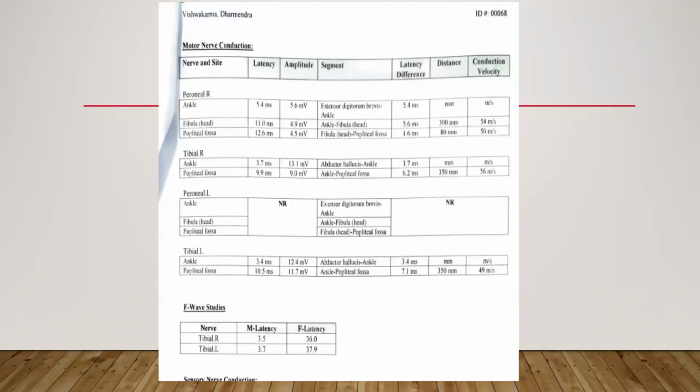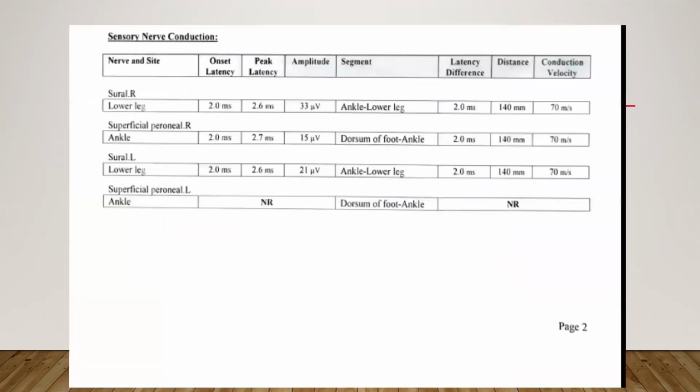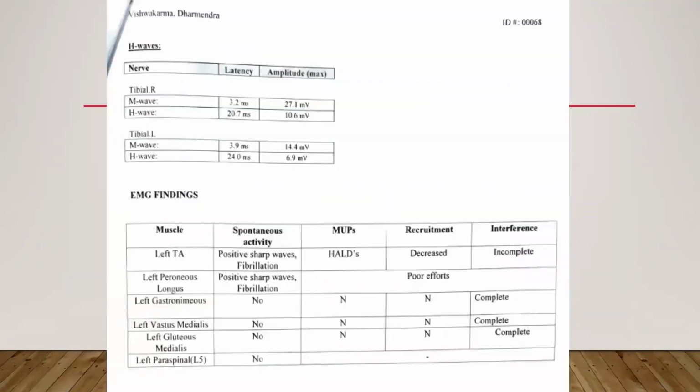So these two sites are there. How will you differentiate them? Which side is involved? Ma'am, the short head of biceps femoris. Which muscle will you know? Yeah. Short head of biceps femoris. Yes. Okay. So this is the EMG.